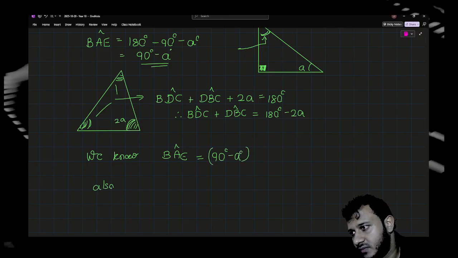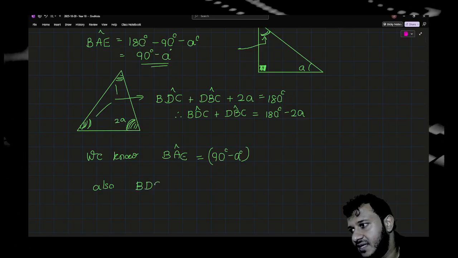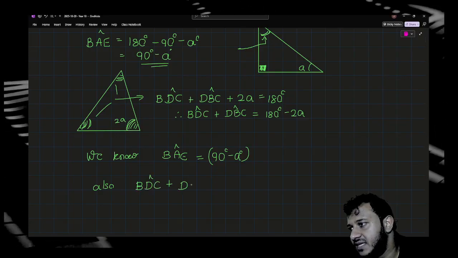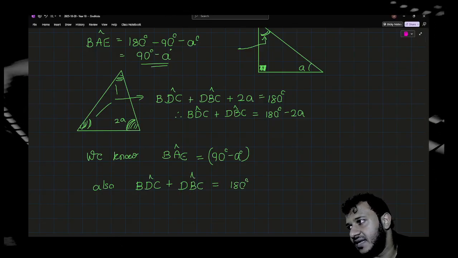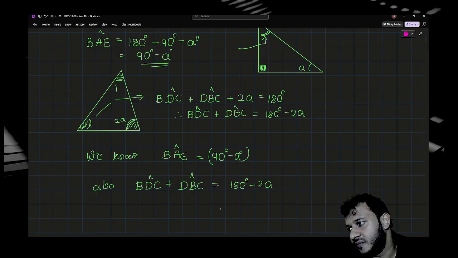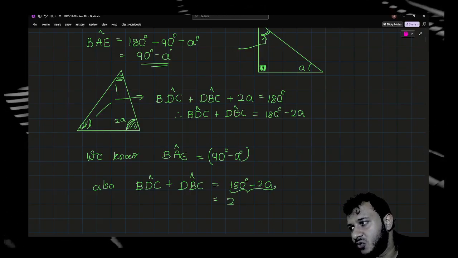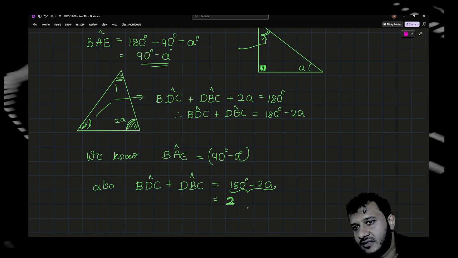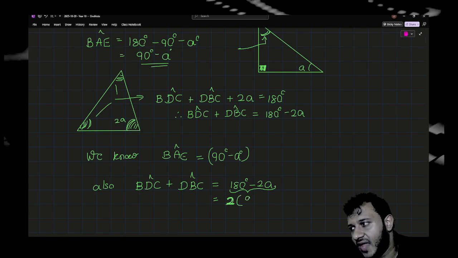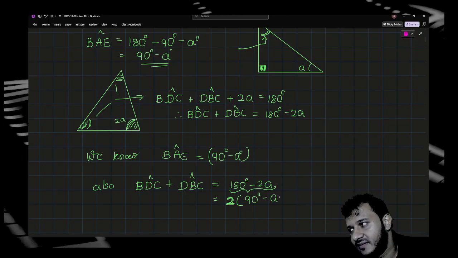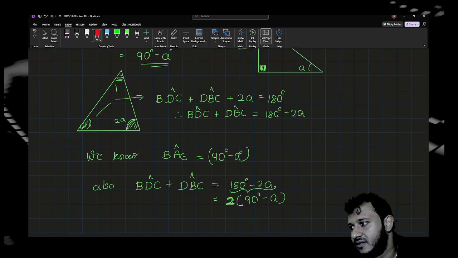Also, BDC angle plus DBC angle is 180 minus 2A. With a 180 and 2A, what can I do? I can take a 2 out as a bracket, a factor. Do you guys agree? Because 180 and 2A both can get divided by 2. And that will give you 90 minus A. Pute, we all know 90 minus A is how much?